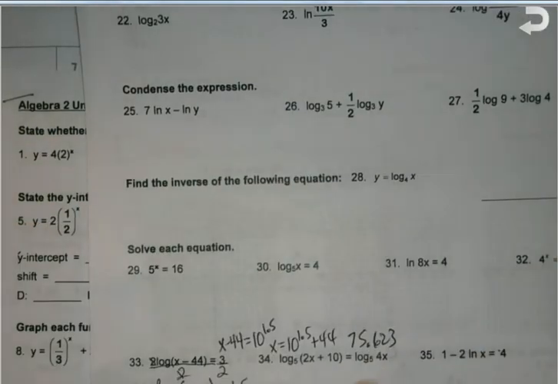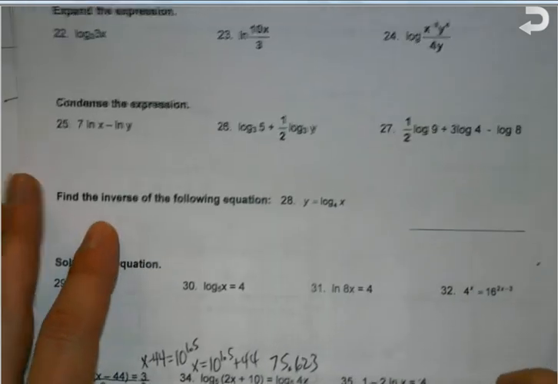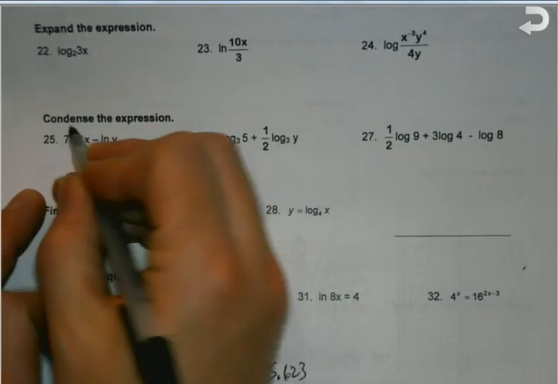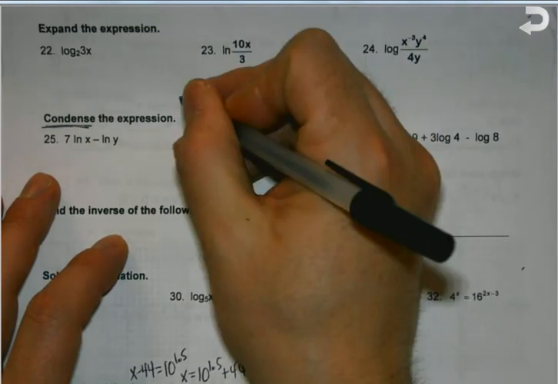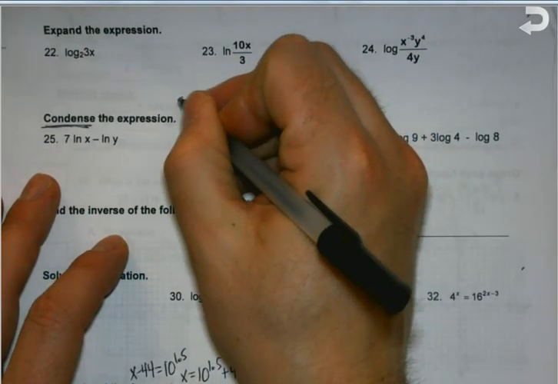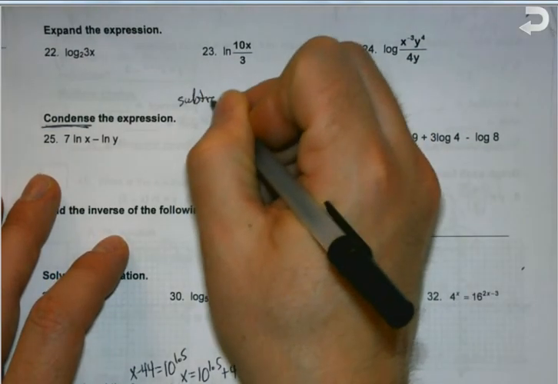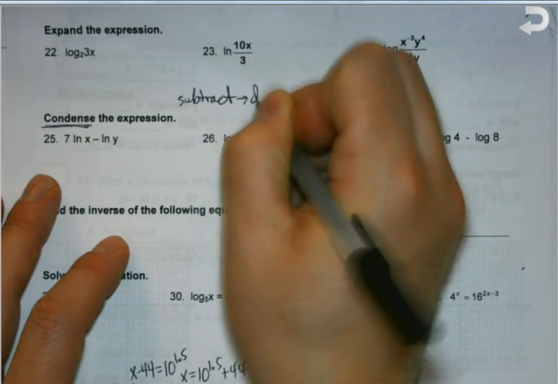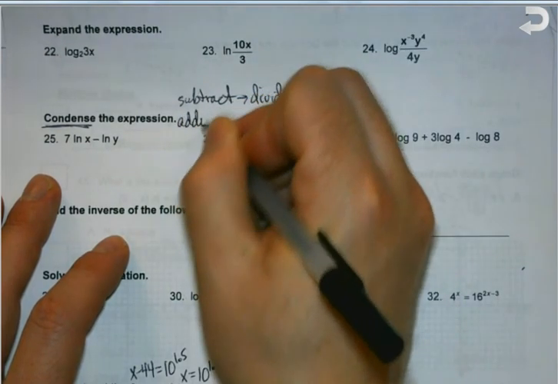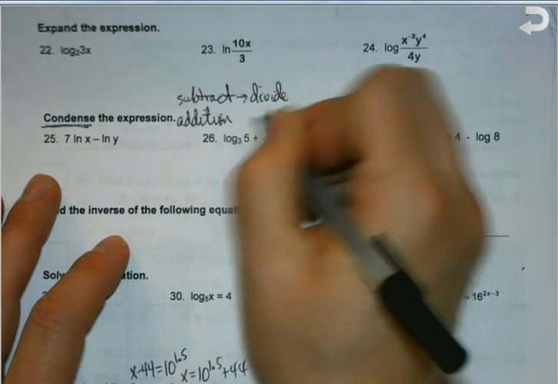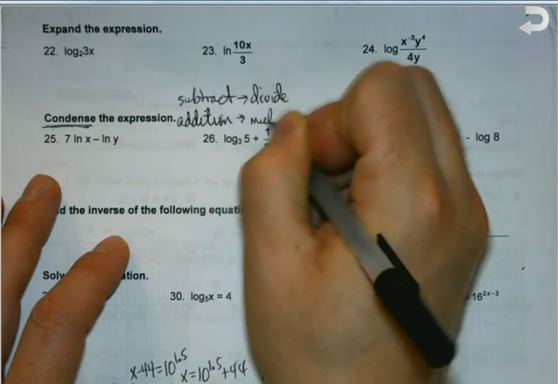Okay, 25, no canceling. We're just attempting to condense the expression. So just a reminder again. Subtraction will become divide. Addition will become multiplication.